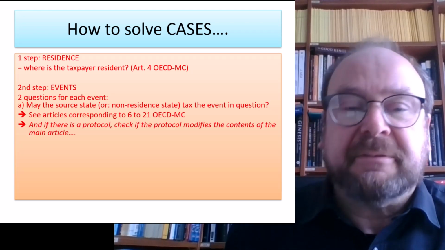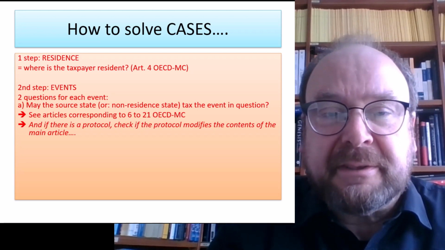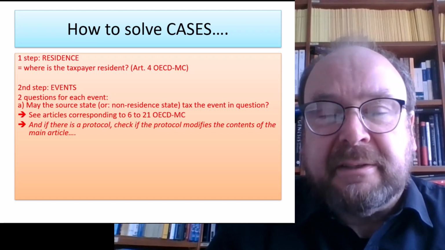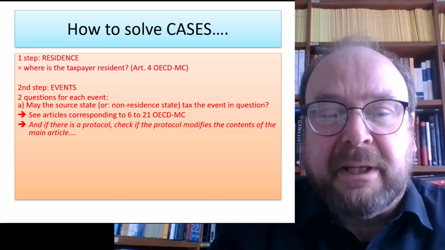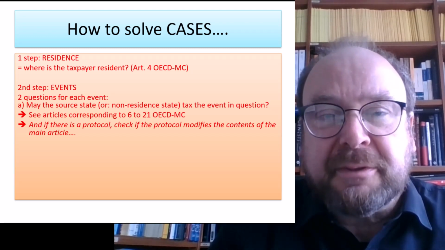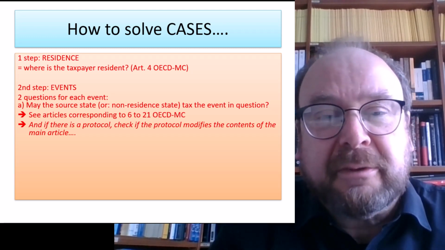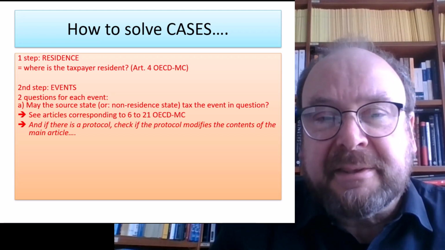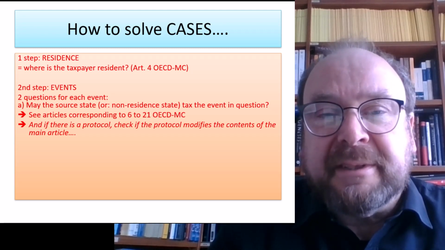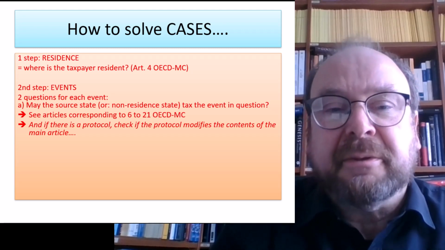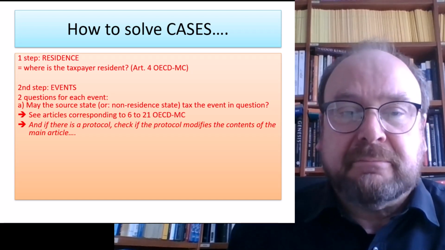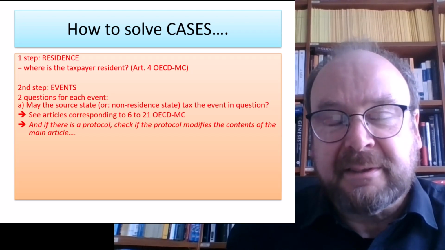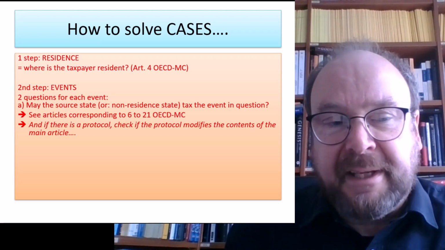And if you have to do with a concrete double taxation treaty between two countries, you should always keep in mind it may be that the treaty is accompanied by a protocol, and that protocol might modify, revoke, clarify, or so certain rules contained in the main articles. So you should always have a look into the protocol if the protocol changes your impression of what the articles in the first part say.